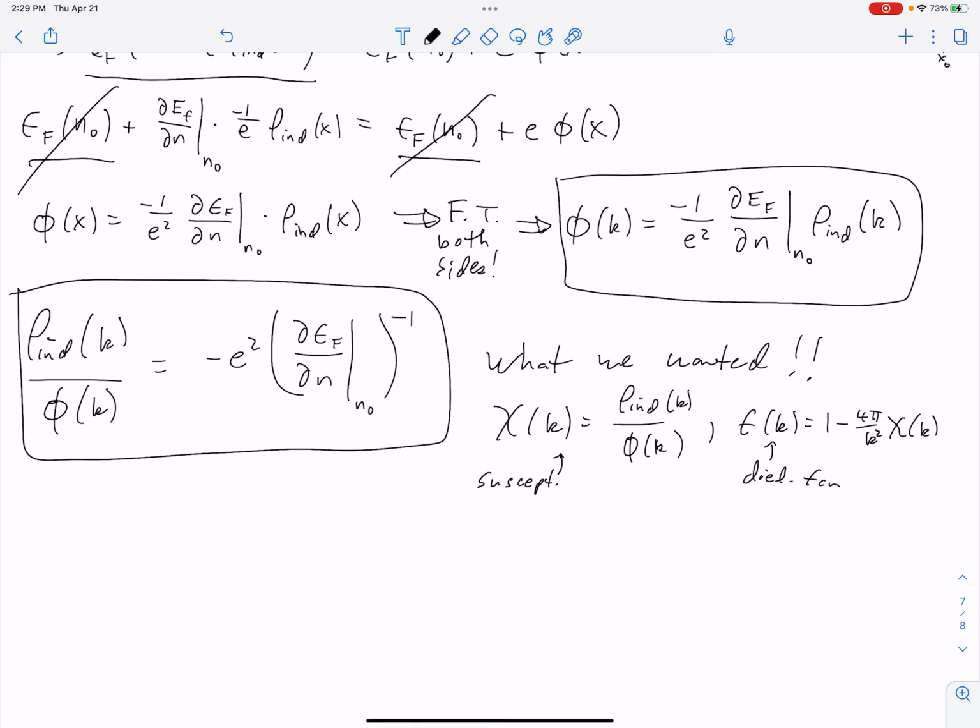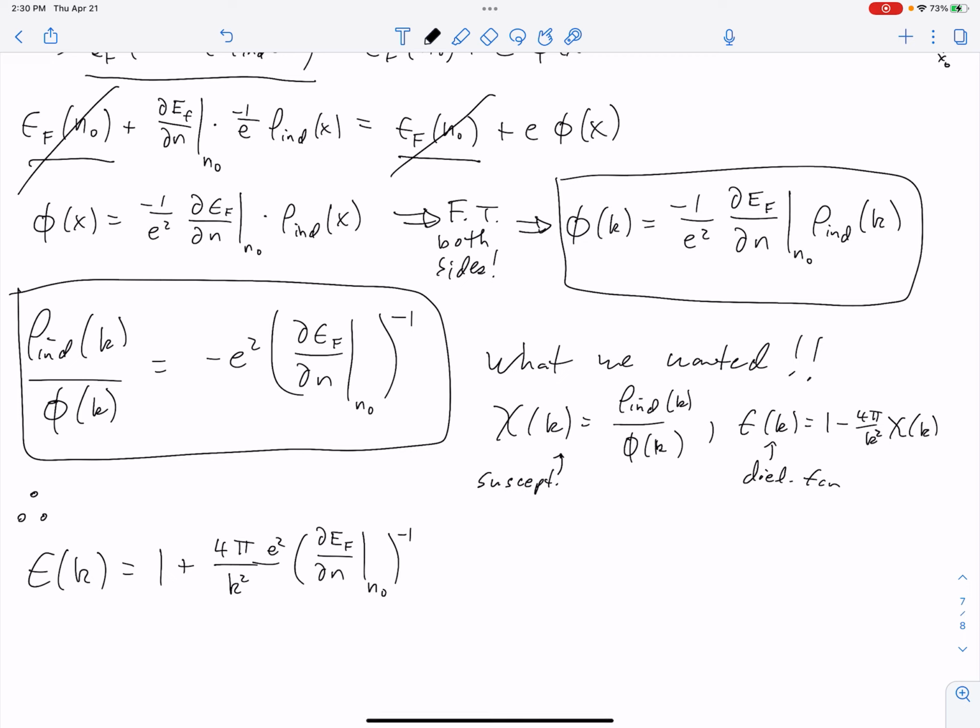And we got them because we can now see that the dielectric function, therefore, is equal to 1 plus 4 pi over k squared times e squared times dE_F/dn evaluated at n naught, inverse.